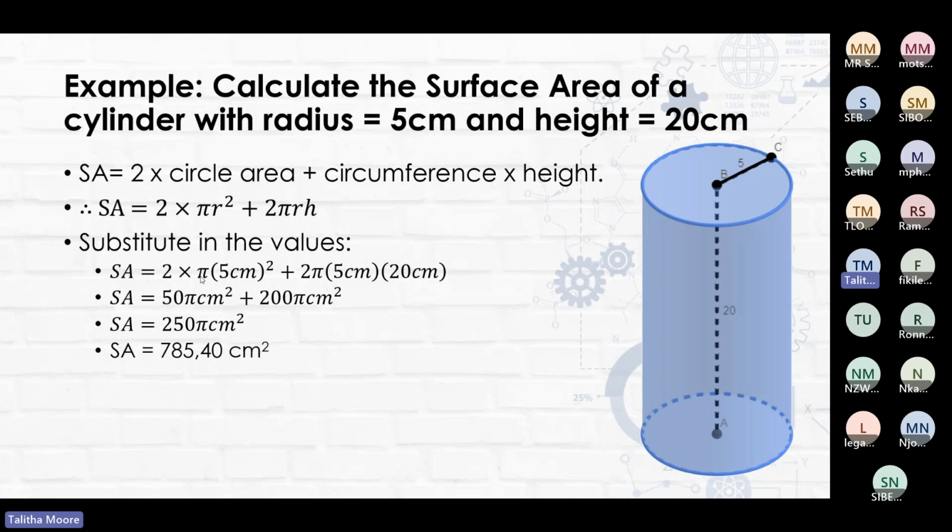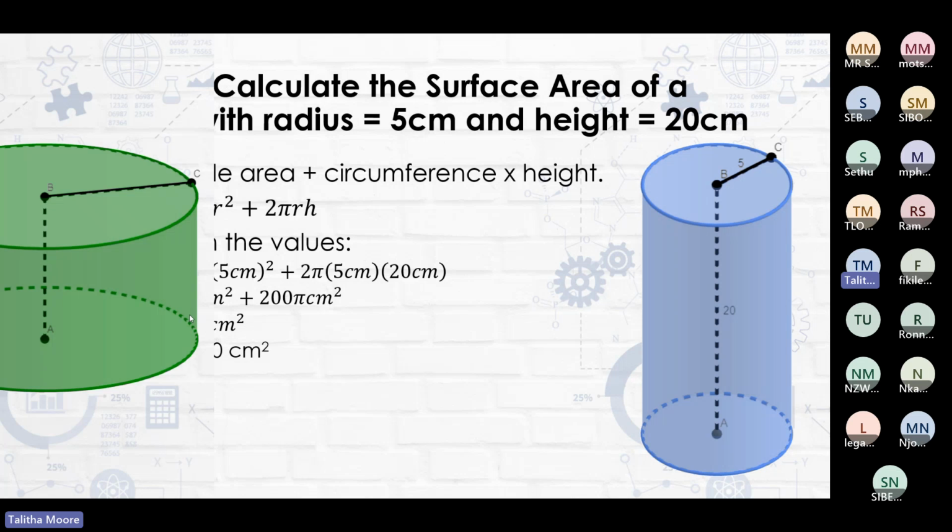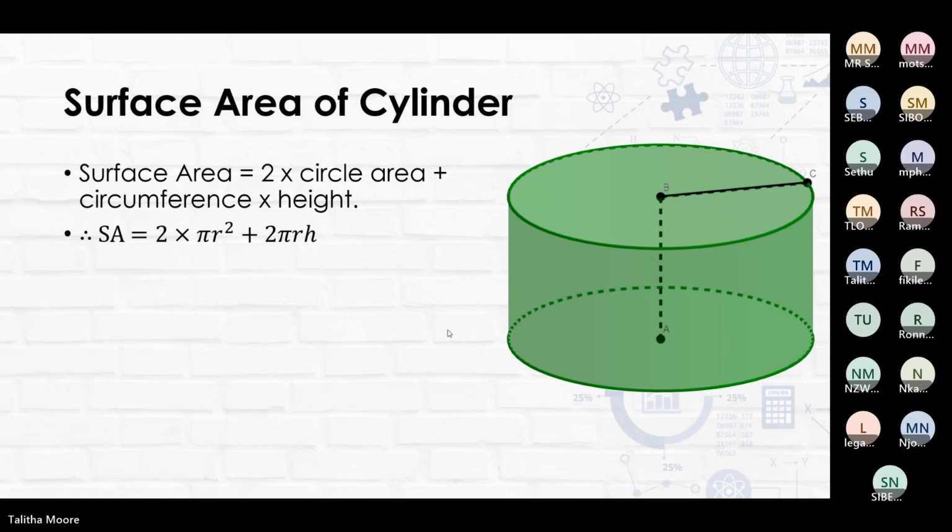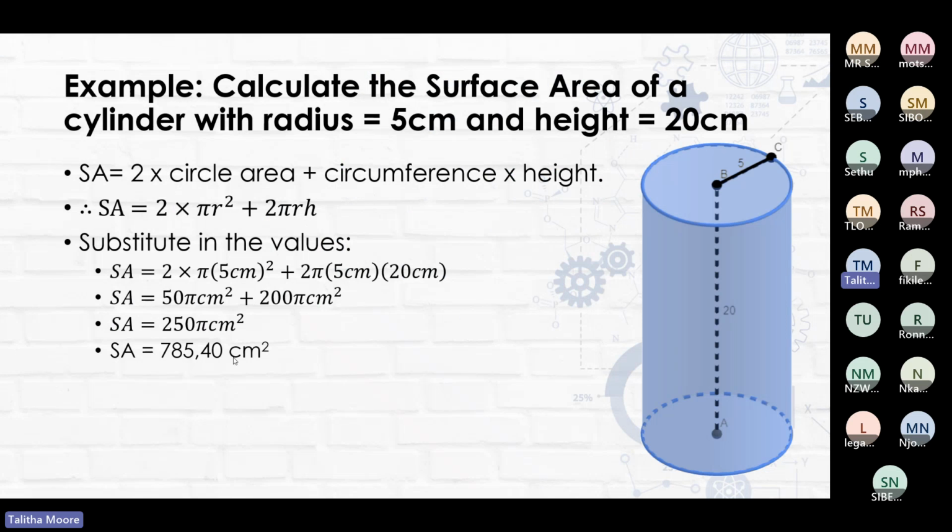So it'll be 2 times pi times our radius of 5 centimeters squared plus 2 pi times 5 times 20. This gives us 50 pi centimeters squared and 200 pi centimeters squared, or 250 pi centimeters squared. And then, of course, we actually do need to multiply out the pi. So that gives us 785.4 centimeters squared.